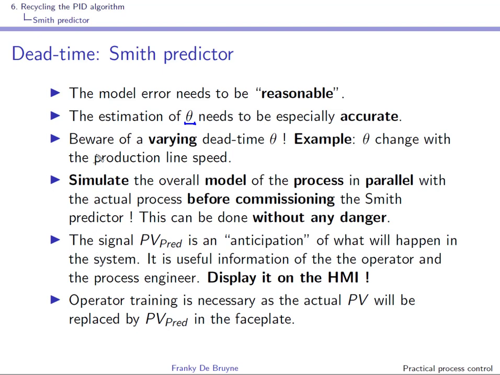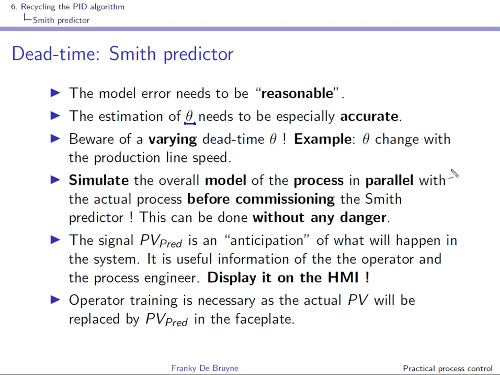Remember that we have seen cases where the dead time is varying. If you have a transport delay, depending on the speed of the machine, the dead time is going to change. So in the Smith predictor, in that case, you have to make sure that the delay changes with the production line speed.